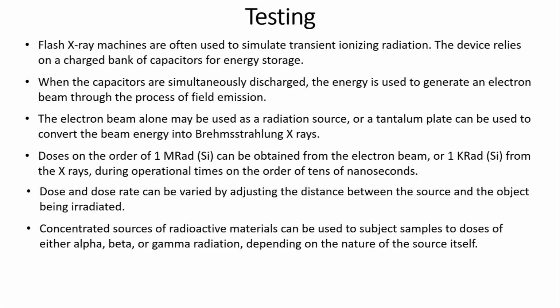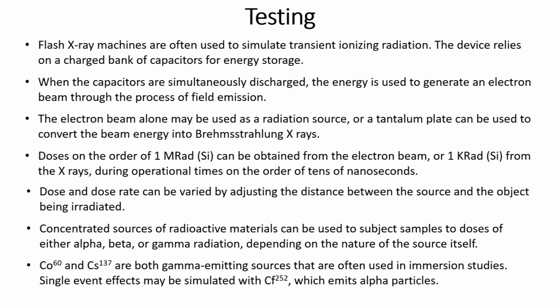So, this is one method, the flash X-ray. The other method can be cobalt 60 or cesium 137. These are both gamma emitting sources that are often used in immersion studies, and single event effects may be simulated using californium, that is Cf-252, having atomic mass 252, which emits alpha particles.